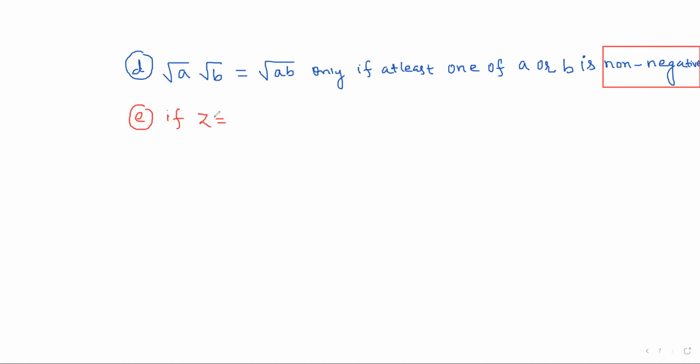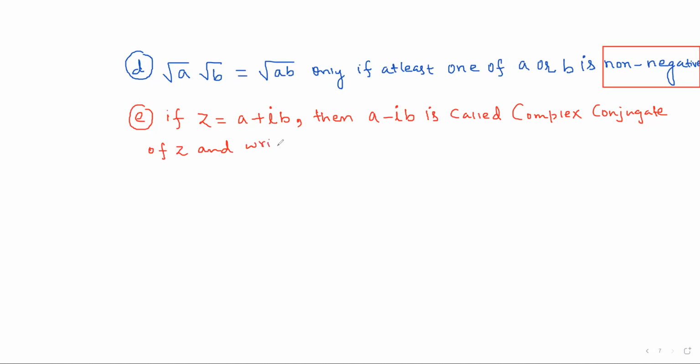If Z is equal to A plus iota B, then A minus iota B is called the complex conjugate of Z and is written as Z bar is equal to A minus iota B. That is simple, no need of any tension.